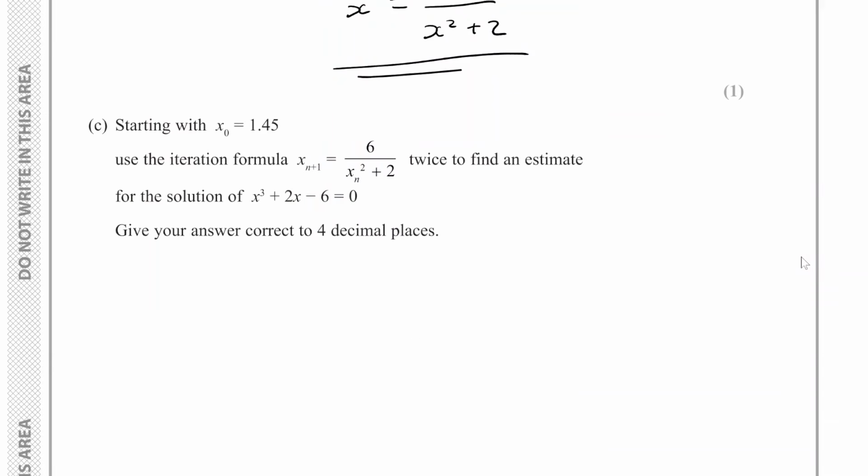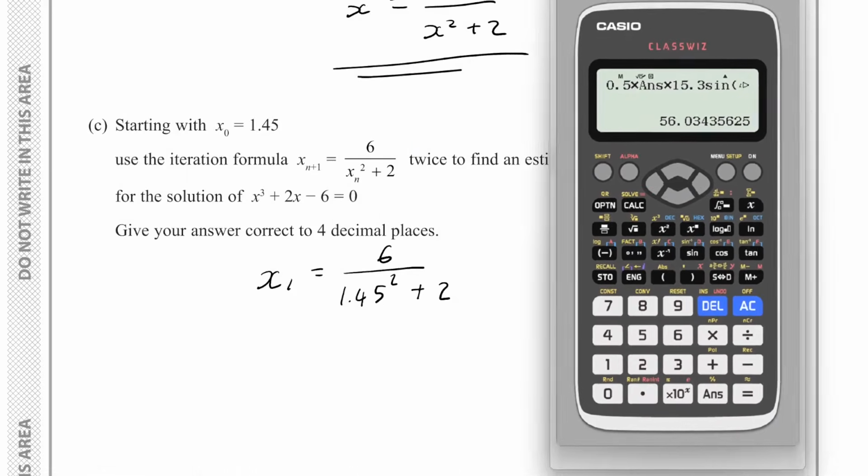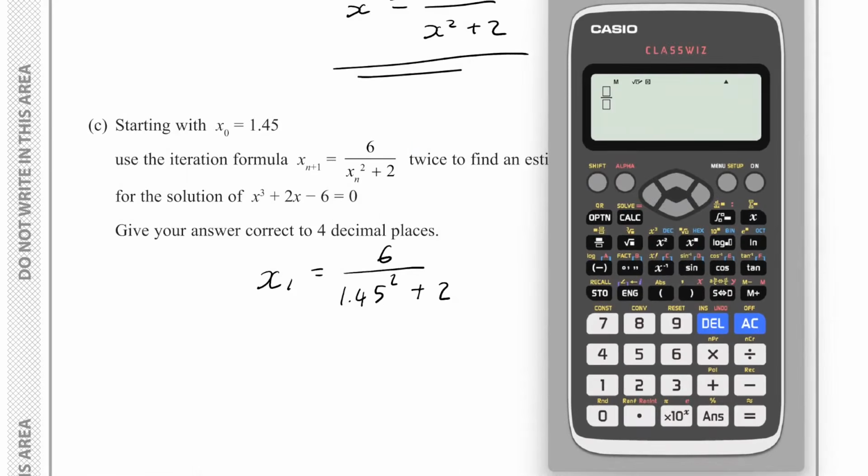Starting with x0 as 1.45, use the iteration formula twice to find an estimate for the solution. Give your answer correct to 4 decimal places. So x1, our first estimate, is going to be 6 over 1.45, our x0, squared plus 2. Actually, let's type 1.45 into the calculator.